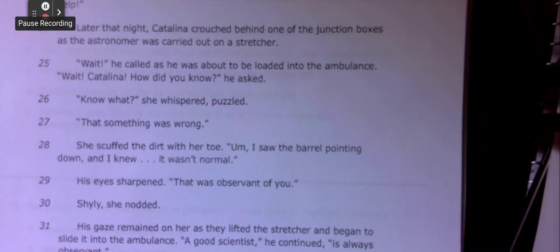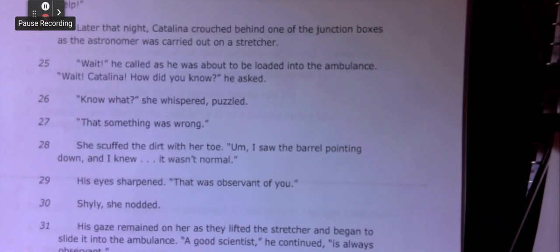Later that night, Catalina crouched behind one of the junction boxes as the astronomer was carried out on a stretcher. "Wait," he called as he was about to be loaded into the ambulance. "Wait, Catalina. How did you know?" he asked. "Know what?" she whispered, puzzled. "That something was wrong." She scuffed the dirt with her toe. "I saw the barrel pointing down and I knew it wasn't normal."